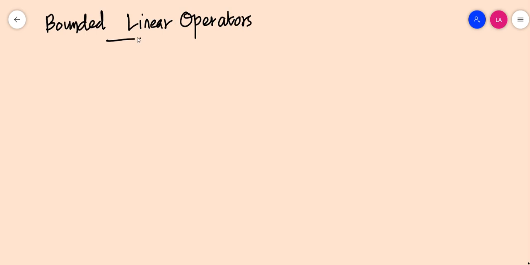Okay, so without further ado, let us define what is actually a bounded linear operator.